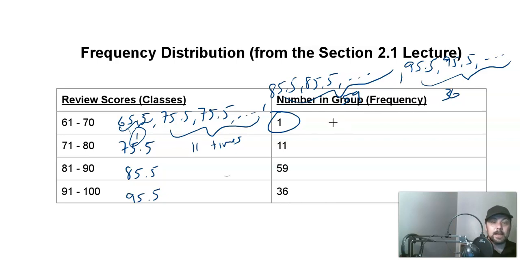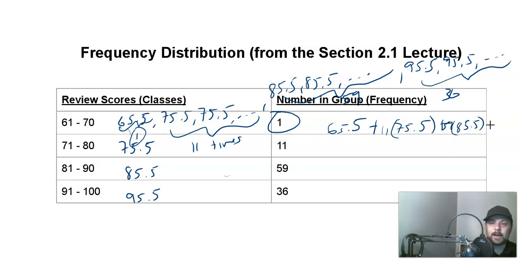And so to find our mean, we're going to take 65.5, plus 75.5 11 times. So instead of adding it 11 different times, I just multiply it by 11. It does the same thing. Plus 85.5 59 times, so we'll multiply it by 59.